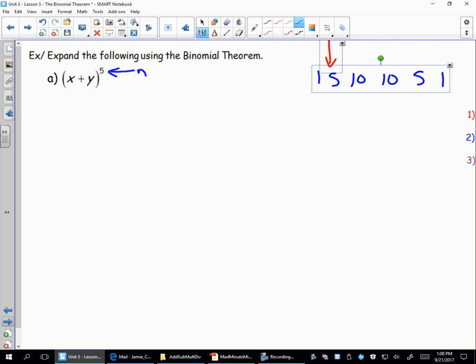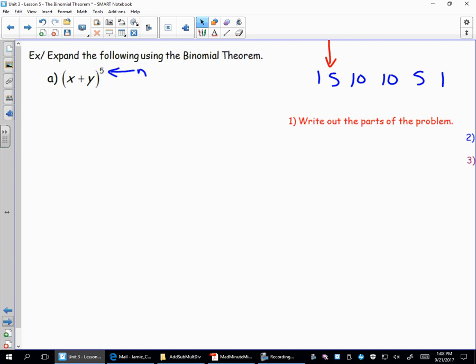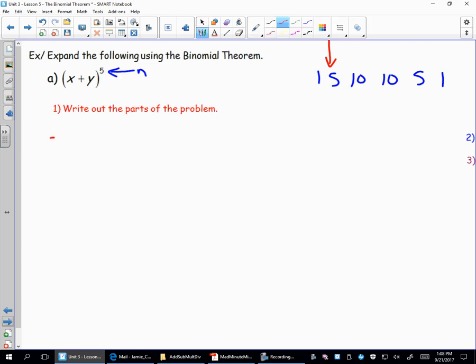Okay, so what am I going to write down? Step 1, we're going to write down the parts of the problem. So, what do I have? I need a 1 plus a 5 plus a 10 plus a 10 plus a 5 plus a 1. And then what do I need? I need to start off with the first piece, which is x to the power of n. N is my exponent. Times the second piece to the power of 0.